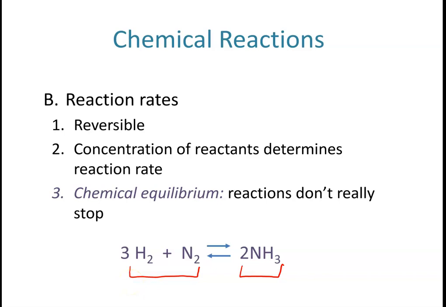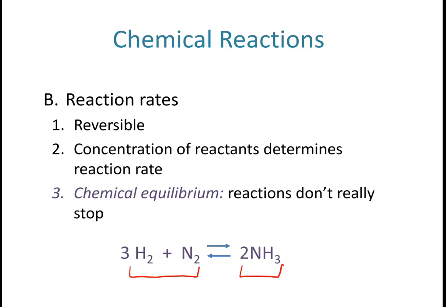Now, chemical reactions often require heat. That's where they get their energy to go. So how much energy or heat you need to put into this reaction will depend on which direction it's going to go. The concentration of the reactants and the concentration of the products is going to affect the reaction rate.